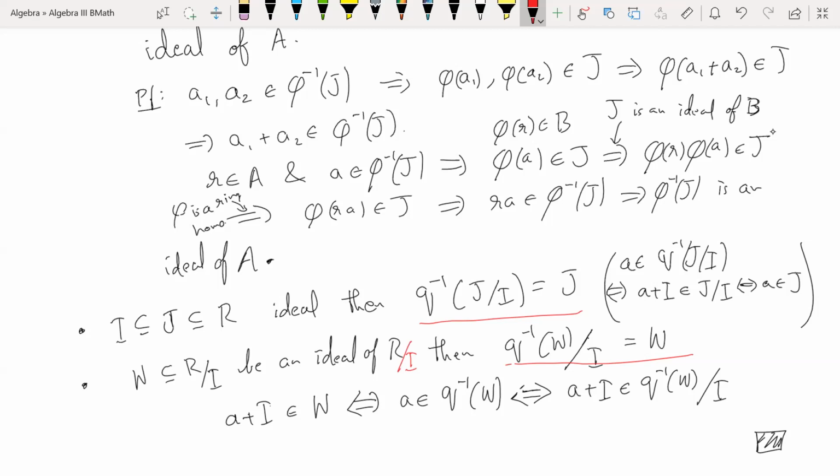And similarly, a belongs to Q inverse of W if and only if a plus I belongs to Q inverse of W mod I.